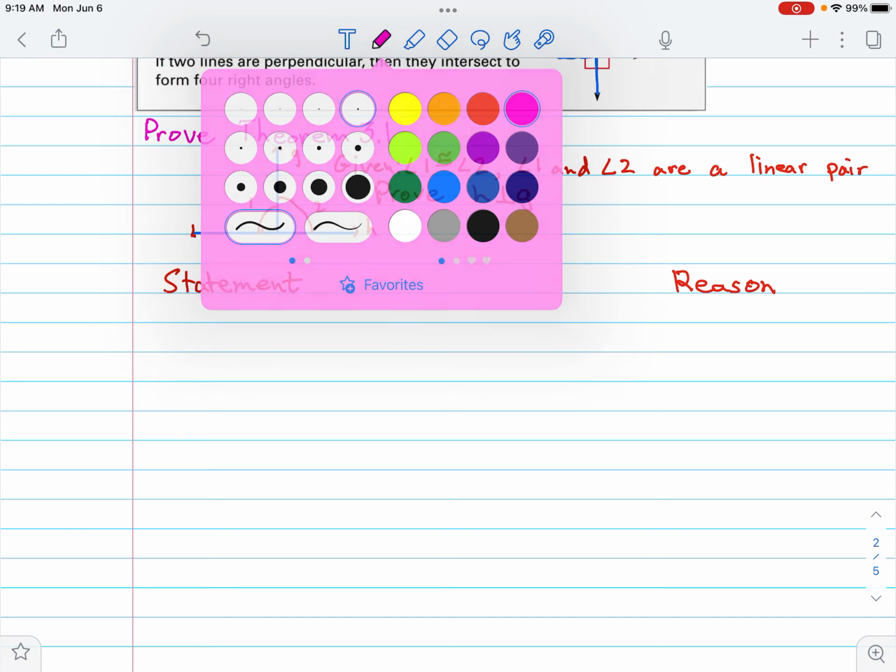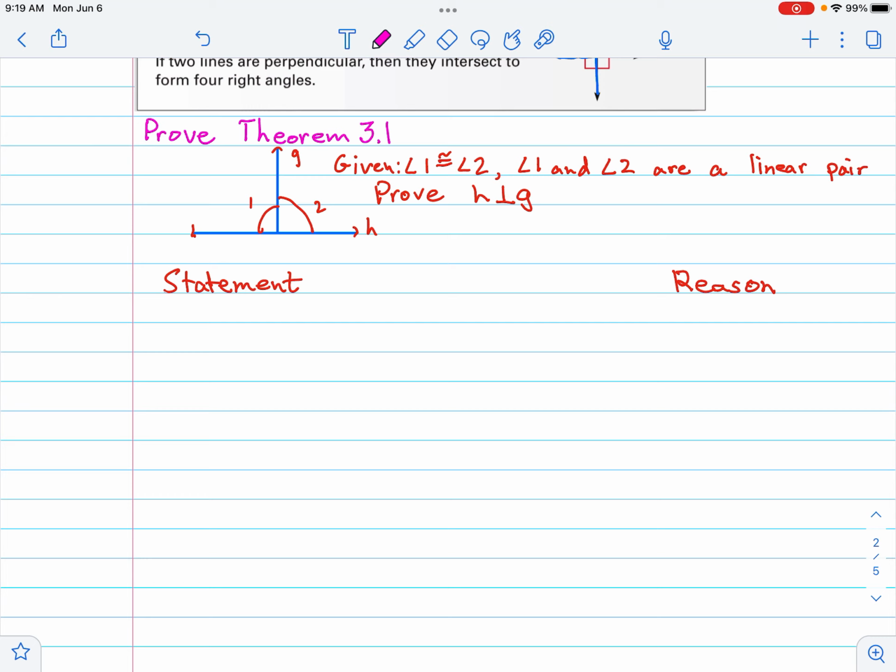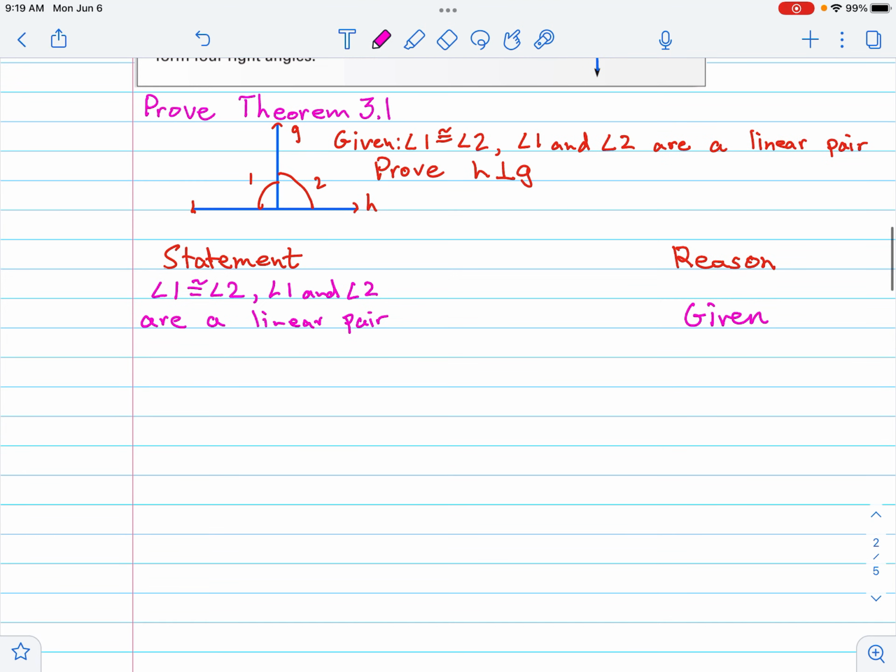Okay, now first of all, I want to state this. I'm going to say angle 1 is congruent to angle 2, and angle 1 and angle 2 are a linear pair. Now, that's what we do first. We put down what's been given. Now, the next thing, what can we conclude from that?